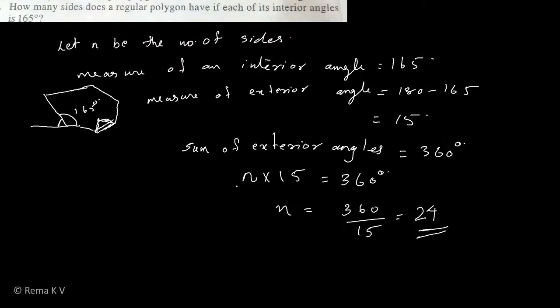There are n angles, each of measure 15. So the total measure is n into 15, which is equal to 360. N is equal to 360 divided by 15, that equals 24. So it is a 24-sided polygon.